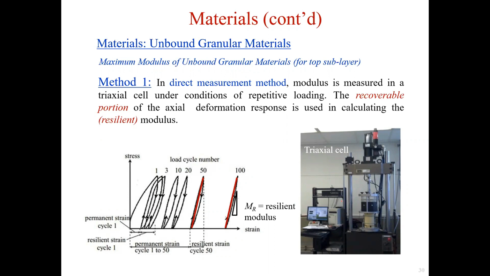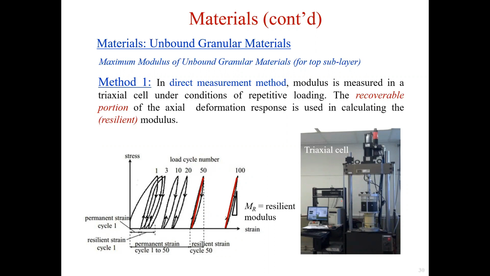In direct measurement method, the modulus is measured in a triaxial cell and repetitive loading conditions. Normally, the modulus of elasticity is the stress divided by strain for slowly applied load. The resilient modulus is stress divided by strain for rapidly applied loads, like those experienced by pavement.